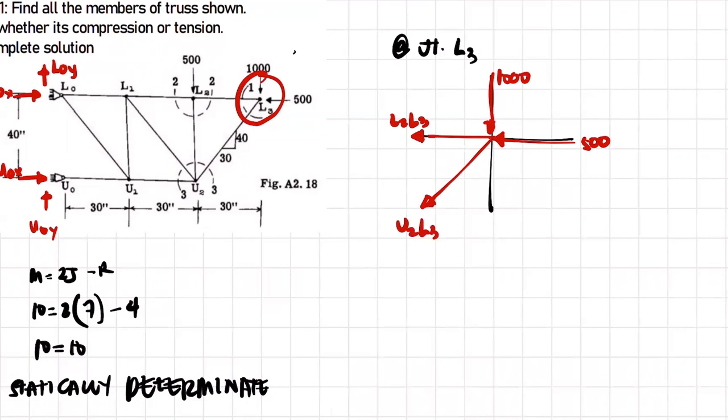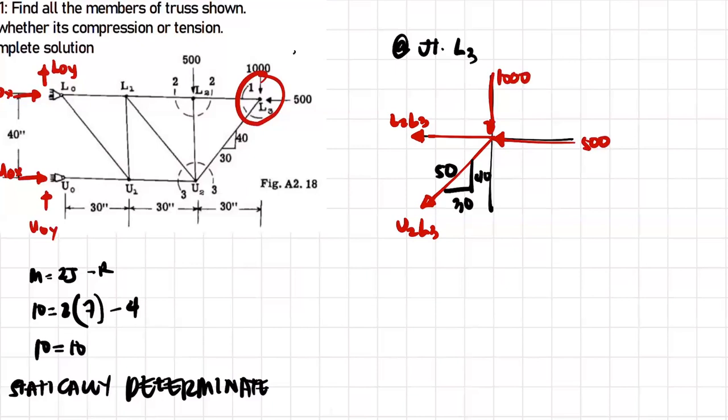And we have the 30-40 ratio. So 30-40 means this is 50. You don't need to write that, it's automatic: square root of 30 squared plus 40 squared, that is 50.